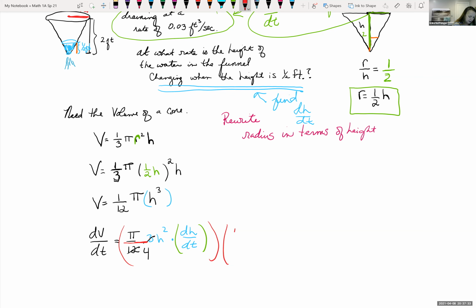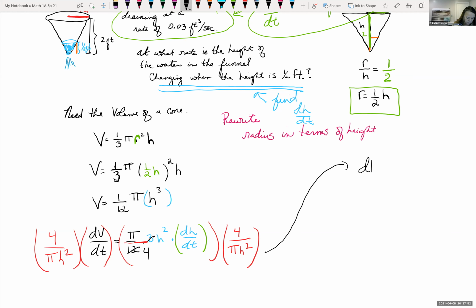So how about multiplying by 4 all over pi h squared? So we would get dH dt is equal to, the 4's cancel, our pi and h squared cancel, 4 all over pi h squared times dV dt.